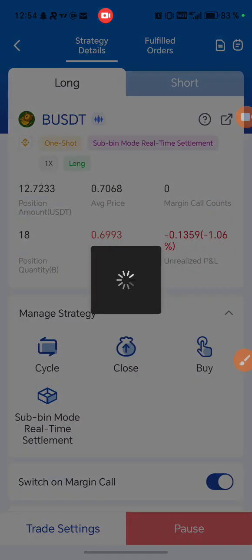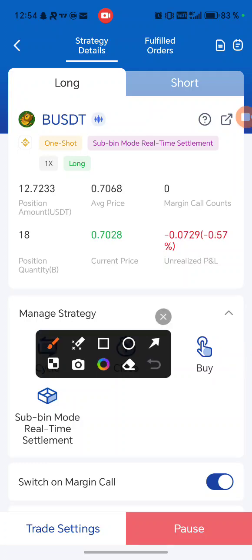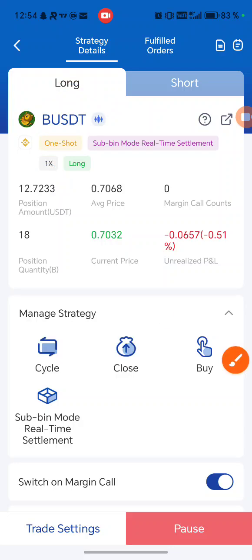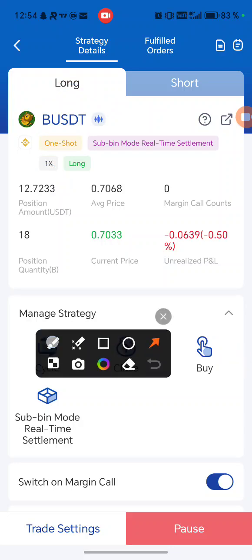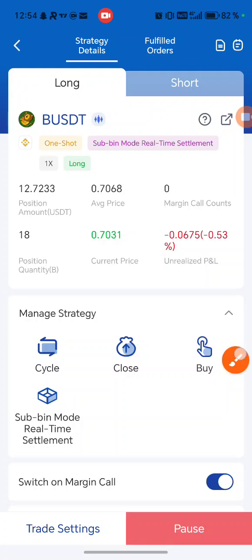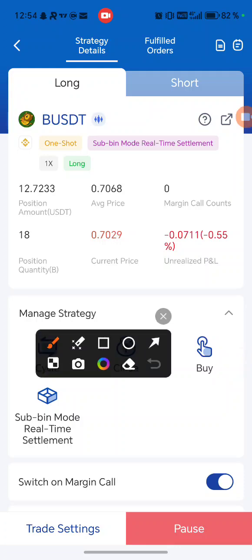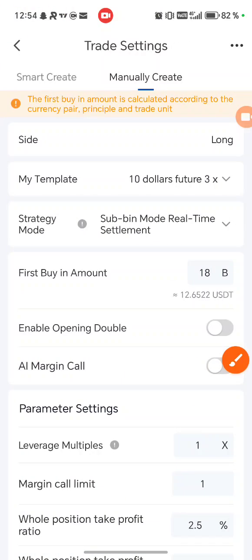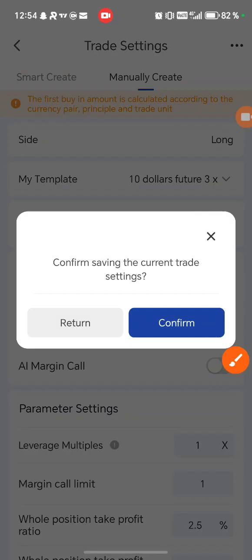Now, this was the previous signal. So now we are going to the current one running. As you can see, BUSDT, the leverage is times 1. How much did I invest? I invested $12.72. So I'm going to the trade settings here and I will tap on it.